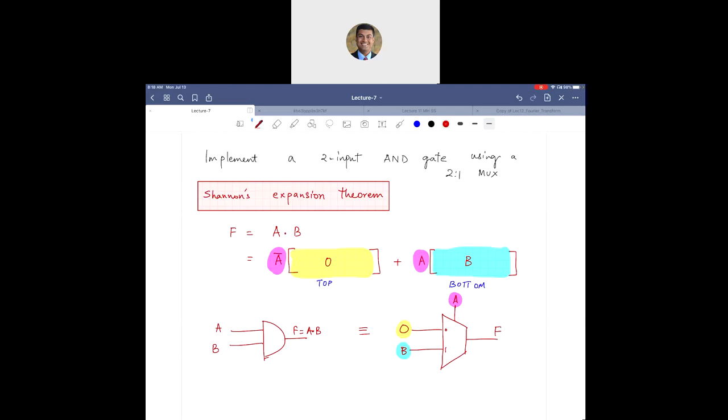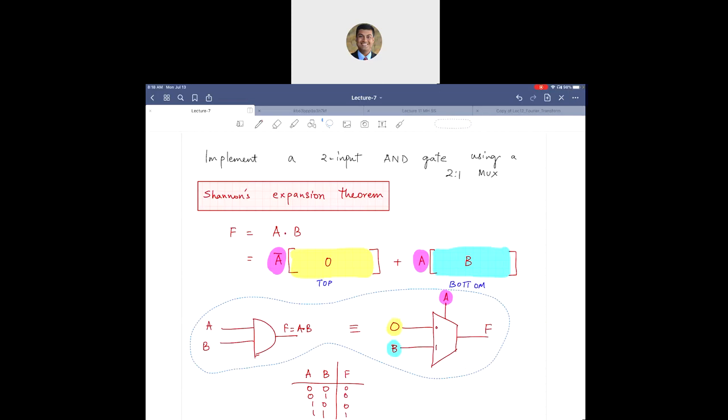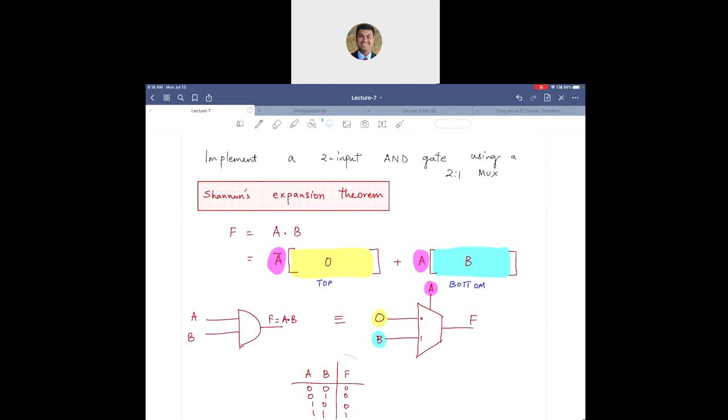And then you can use the truth table to verify this. You can quickly put out a truth table for the AND gate and say, all right, 0 0, 0 1, 1 0, 1 1. F is going to be equal to 0, 0, 0, 1. That's the truth table for AND. Let's move this up top. And if I want to see if they are equal or not, when A is 0, F equals 0.